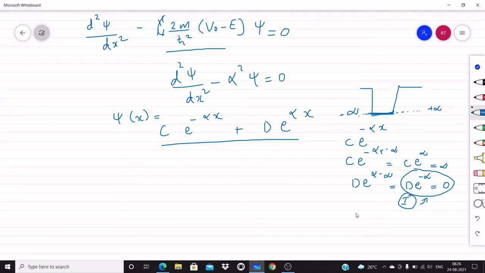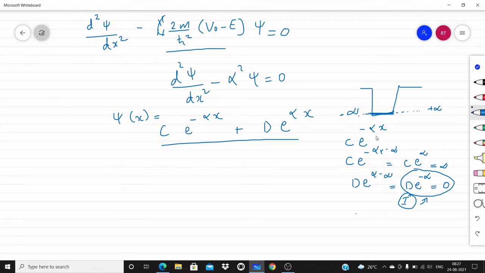For region 3, you will have similar terms, and when you apply plus infinity, the first term will be of relevance, because that is the one getting decreased.